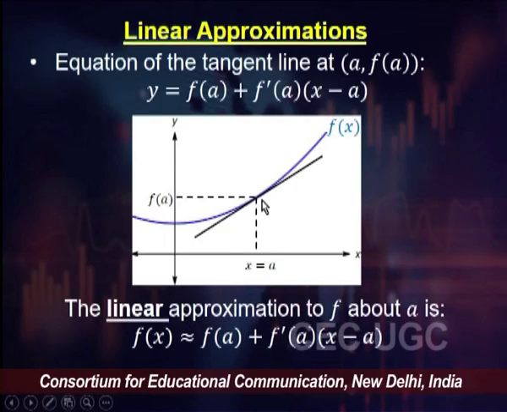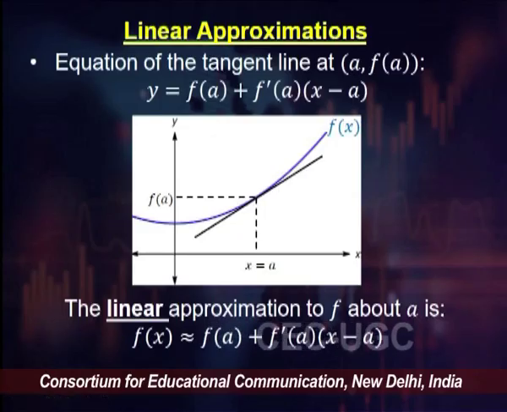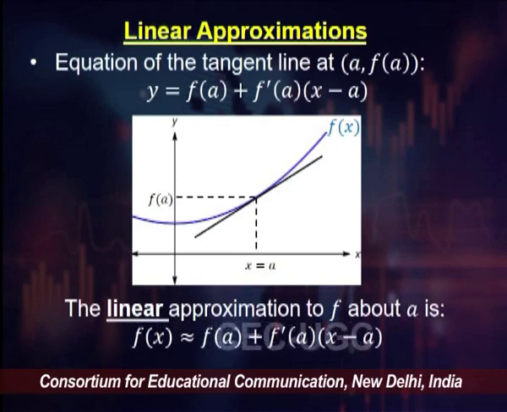In this kind of an example, the farther you are from a, the larger the error would be. So you don't want to run into the risk of making large mistakes. So we'll stick to having x close to the point a, around which the approximation is going to be carried out.